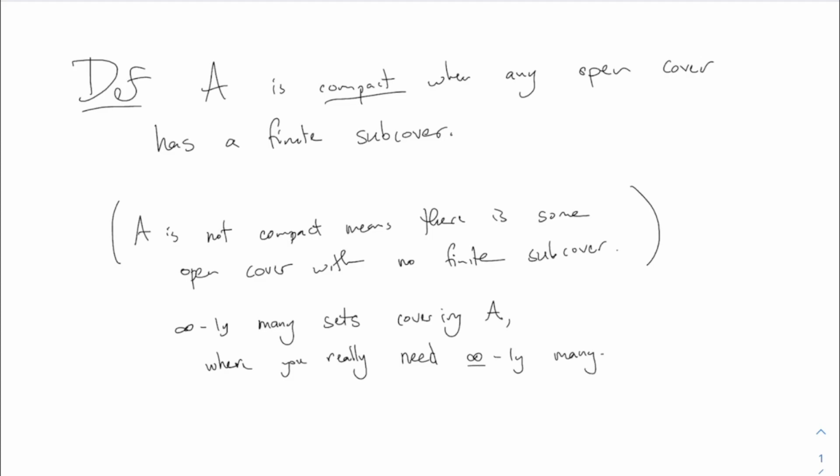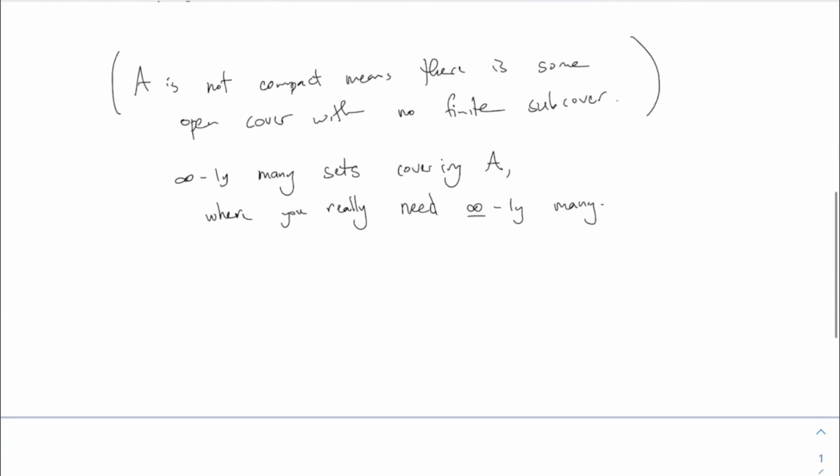That's what it would look like if your set is not compact. It can be covered by infinitely many sets, but you actually need to use infinitely many sets. You can't do it with some finite sub-covering. All right? So I think we talked about one example of this last time.